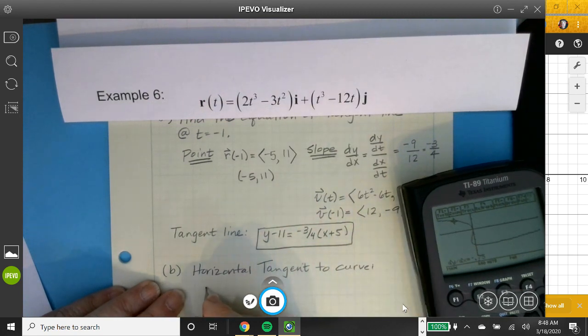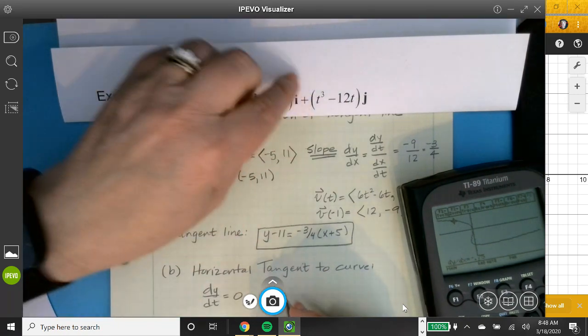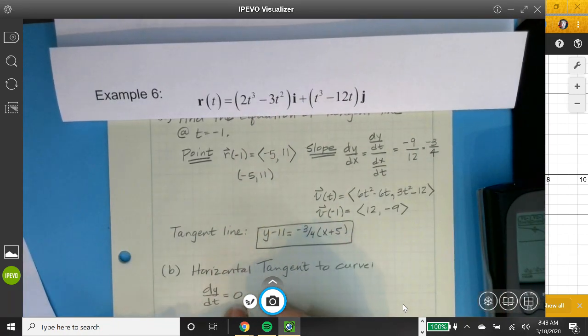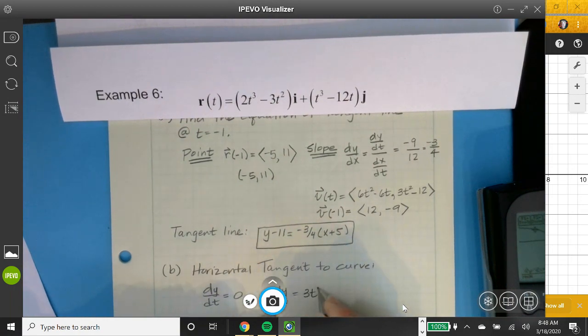Well, that's when the dy dt is equal to 0. So dy dt, which we found out right here, is 3t squared minus 12. We're going to set that equal to 0.